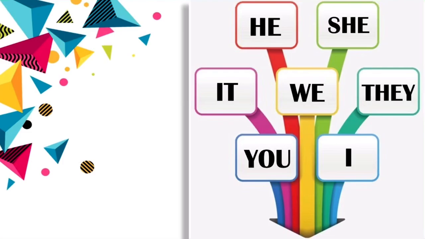Next pronoun is they. They is also used when there is more than one person or thing in a sentence. But the speaker is not included. That means you will not find any pronoun I over there in the sentence. In that case, you will use they. Fine. Next is you.